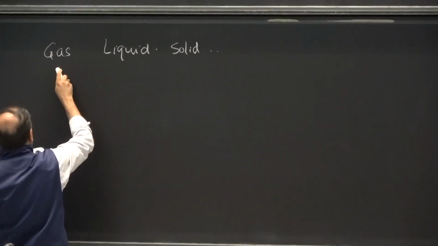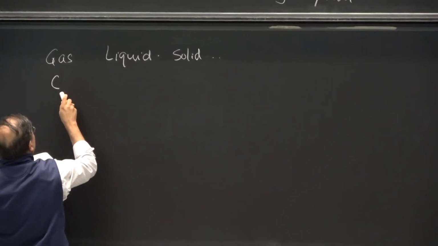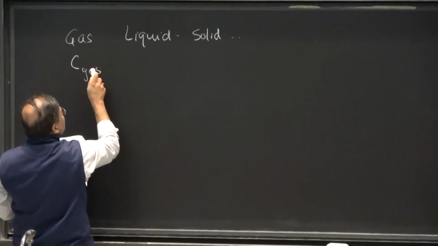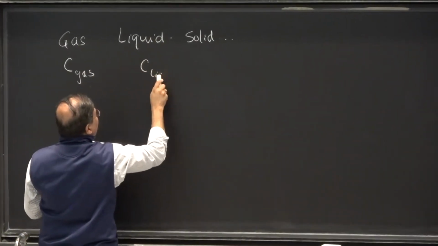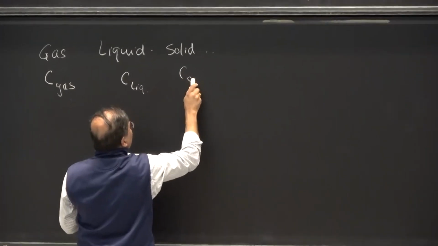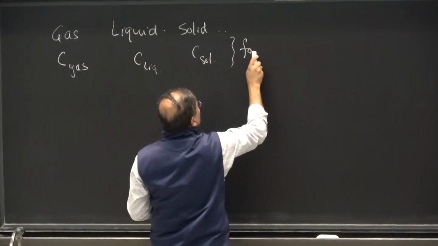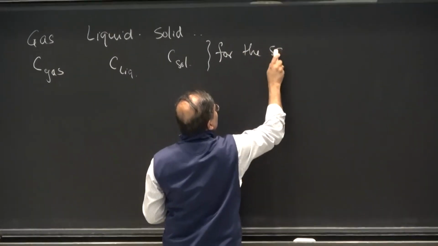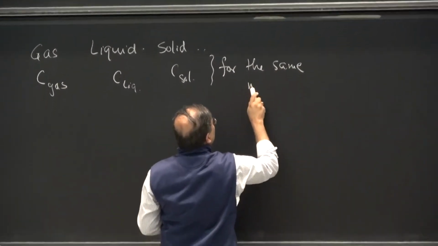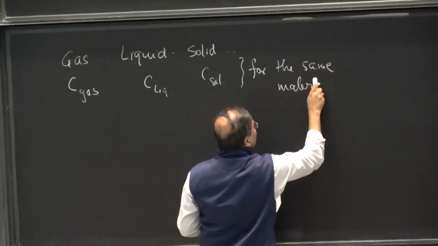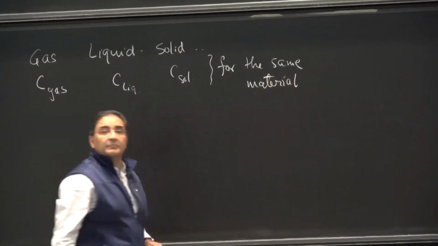So in this case you would say C for the gas phase, in this case C for the liquid phase, in this case C for the solid phase, for the same material. For the same material, the C values are different.